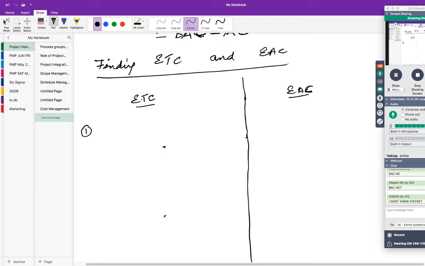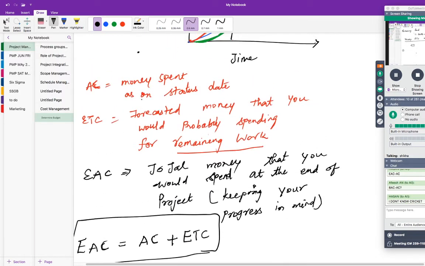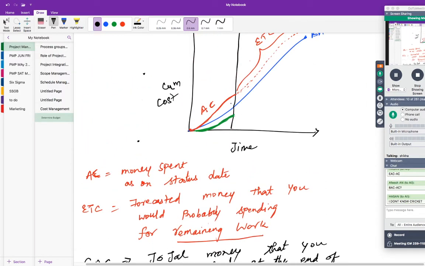For example, in our project, in this graph, we have spent more, right? Your actual cost is more than your earned value, which means your CPI is less than 1, correct? For example, let's say your CPI is 0.8 or 0.7, whatsoever, less than 1. So assume your CPI is 0.8.